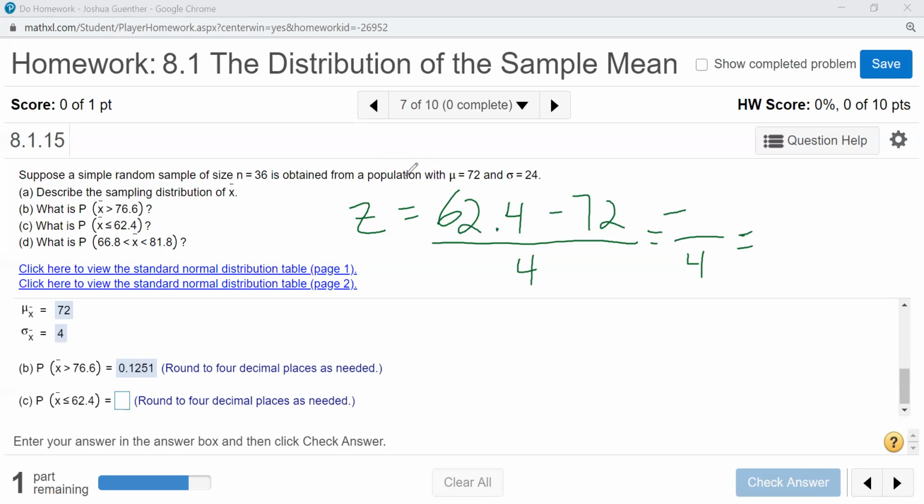And then it's going to be 9.6. So it's negative 9.6 divided by 4, which is going to give you negative 2.4. If I'm wrong, let me know. But I believe that's going to be correct.